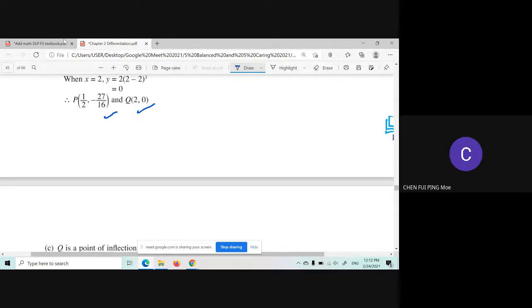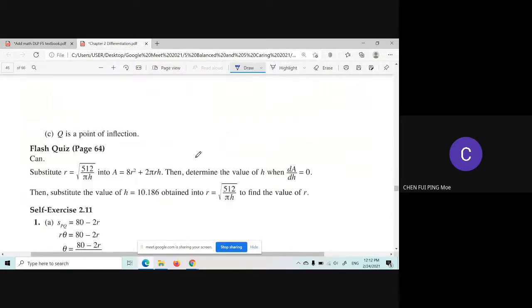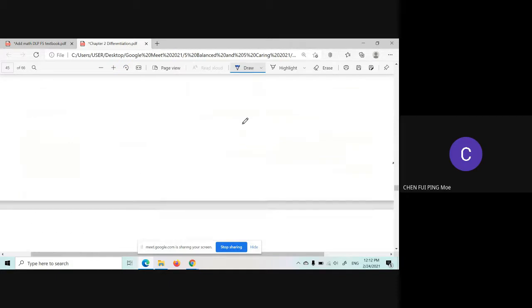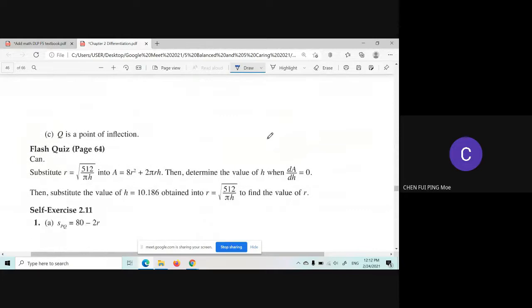Okay. After get that 2 points, question C, they say, subsequently determine the nature of the stationary point Q by using the tangent sketching method. So what does it mean? So what you do is, Q is point of inflection. Hey, where's the answer? Don't have answer.